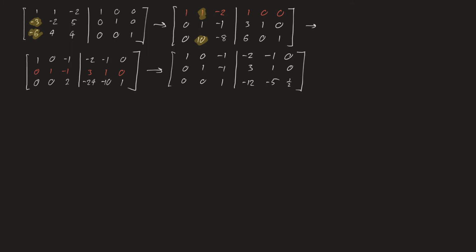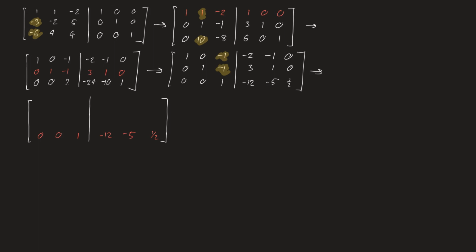So let's do that. I have my last row ready to go, and I forgot to highlight these to remind us that's what we're trying to get rid of. Let's proceed, working from the second row and then eventually to the first row.